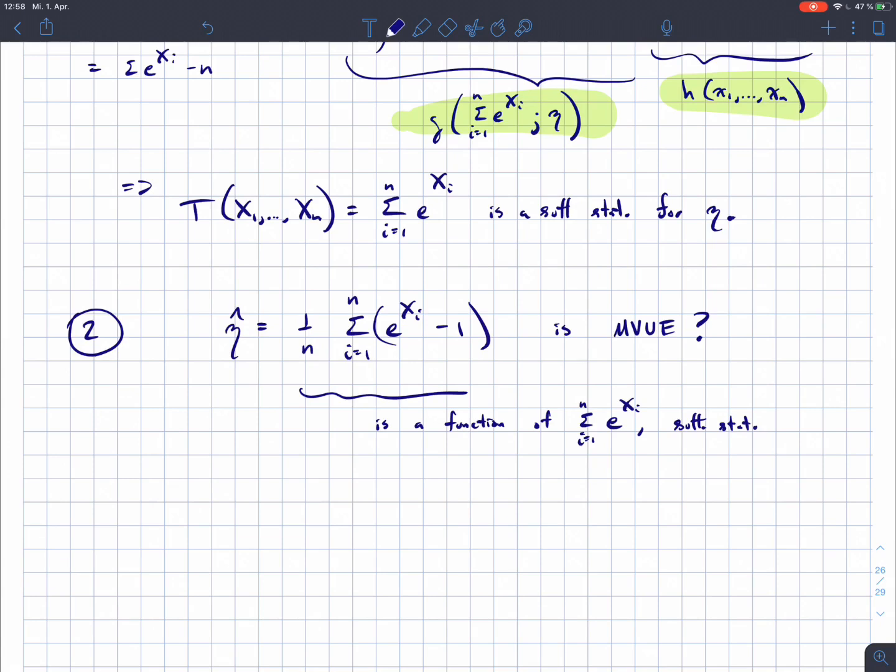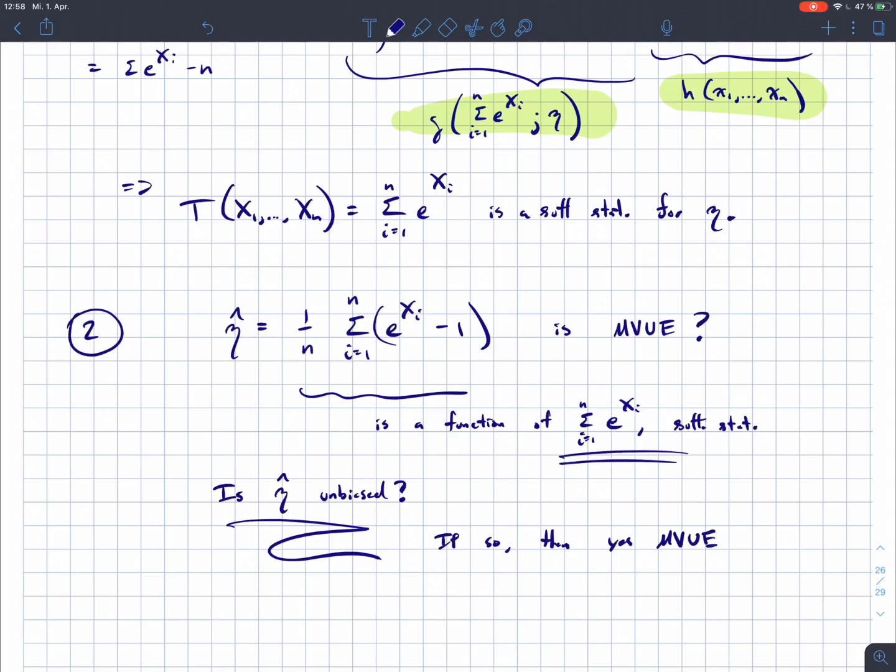So it's got that going for it. But what we need to show is whether it's unbiased. If it is unbiased, then yes, it's the MVUE because it's based on a sufficient statistic.